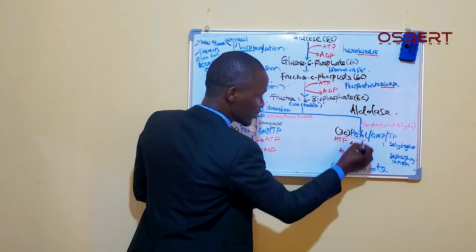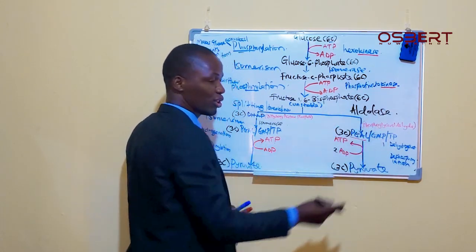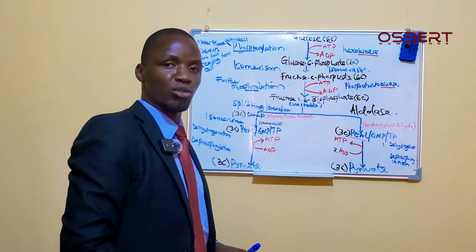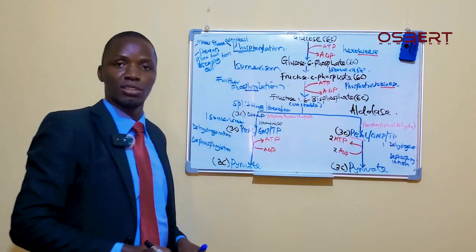It means that during these reactions we have 2 ADP come into this reaction and pick 2 phosphates, and when they pick the 2 phosphates, we end up having 2 ATP being formed.